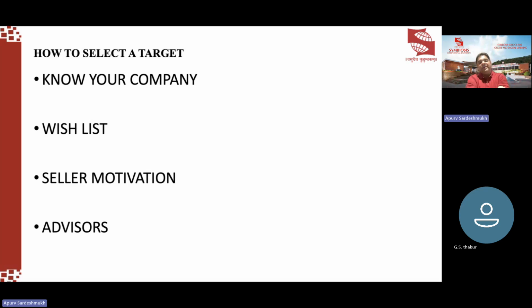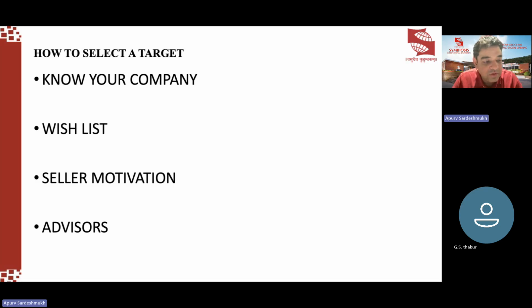So if you're an acquiring entity, having a proper and a good group of advisors becomes very important, because your acquisition is going to be based on inputs generated by these advisors. So your legal advisors will guide you as to the legality of the entire acquisition transaction.